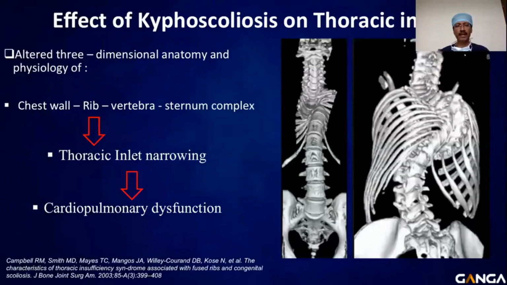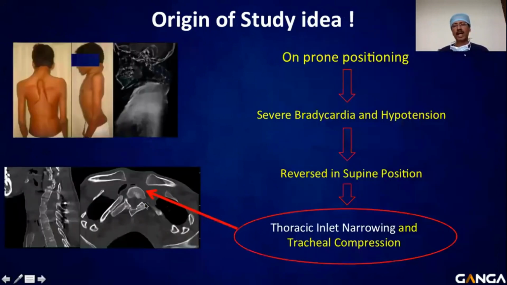Now, this could affect a lot of physiological processes, but these effects have not been studied very carefully. Because when you have an alteration in the chest wall rib vertebra complex, it will lead to thoracic inlet narrowing, and does that lead to cardiopulmonary dysfunction?